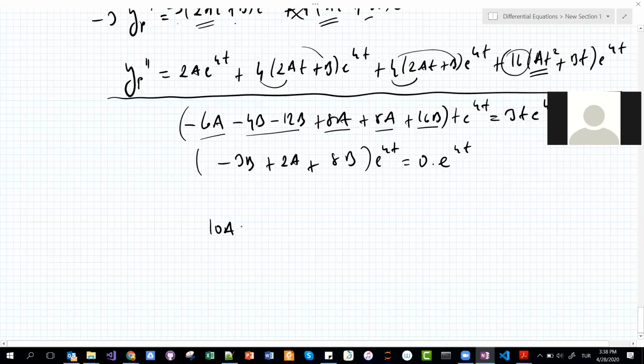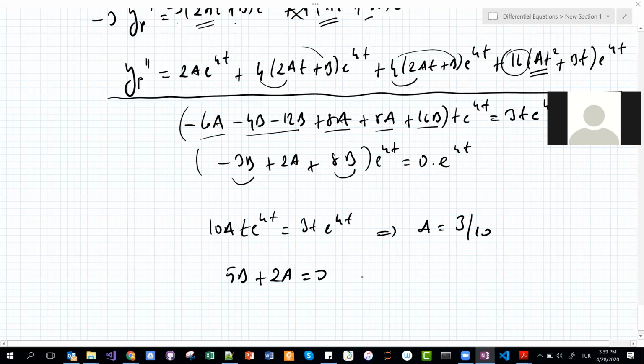So 10a t e to the 4t is equal to 3t e to the 4t. From here, a is going to be equal to 3 over 10. And from here, I have 8b minus 3b, which is 5b, plus 2a should be equal to 0. And then b is going to be equal to negative 6 over 50, if you use the 3 over 10 multiplied by 2, and then just send it to the other side.